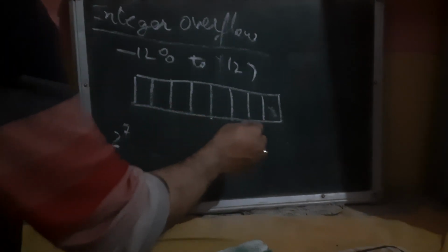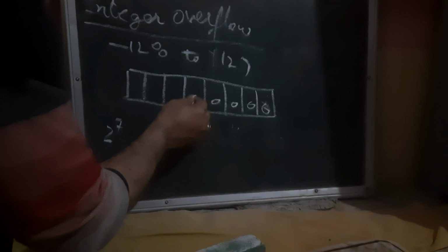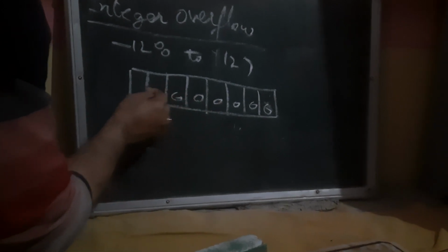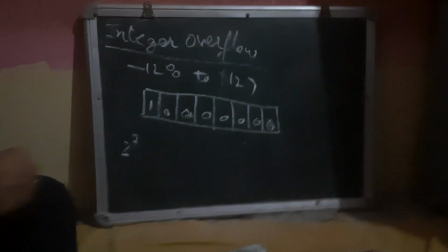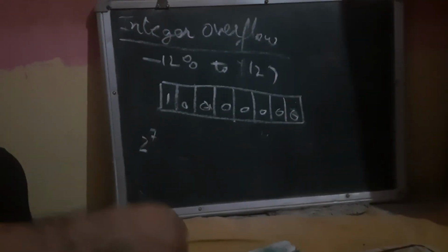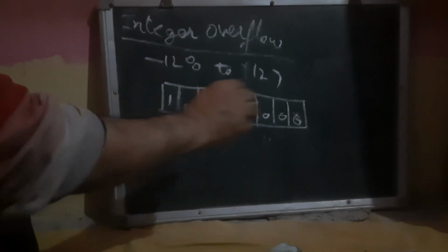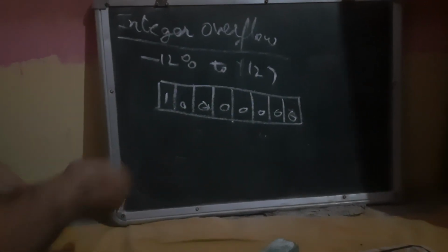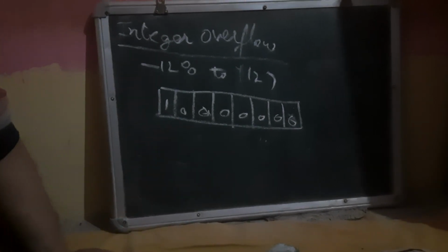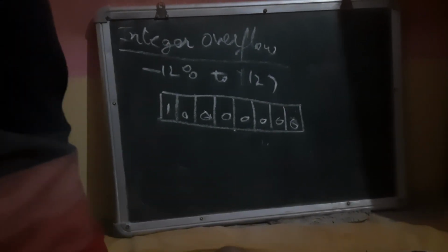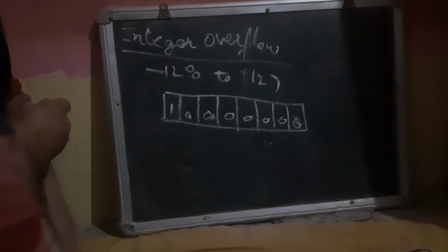So 2 raised to the power 7 means 0, 0, 0, 0, 0, 0, 0, 1 in the other order, and this will be stored in 1 byte. Okay, this is 128.